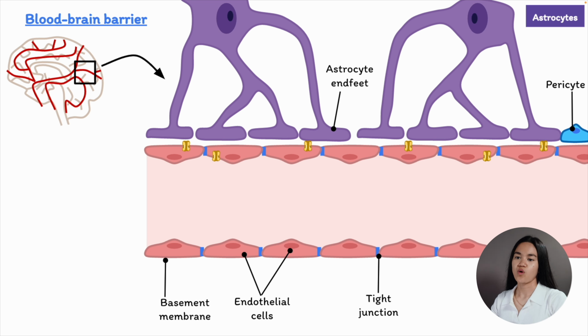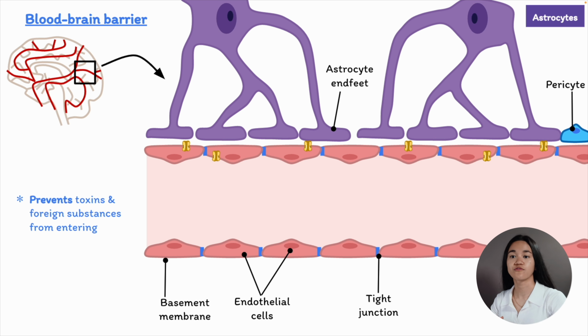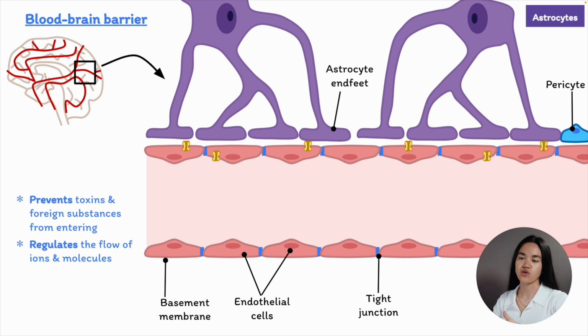Alright? So, what does the blood-brain barrier do? Let's go through this. First, it prevents toxins and foreign substances from entering the central nervous system. It regulates the flow of ions and substances between neural cells and the blood to maintain homeostasis.